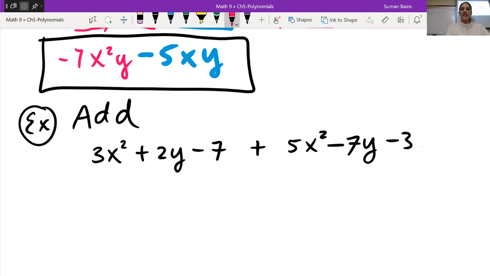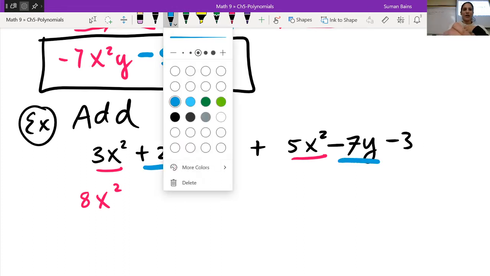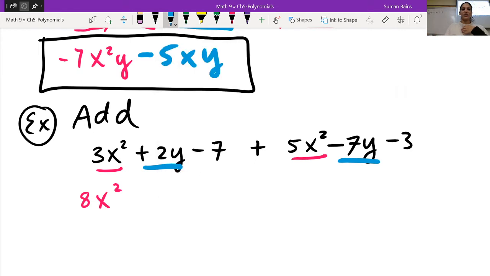Then the next thing is we look for our like terms. I'm just flying through this because we basically just did it. How many x squares do I have? You can just call it out. 8. Good. Then let's go to our y's. There's a 2y and a minus 7y. How many y's do we have?